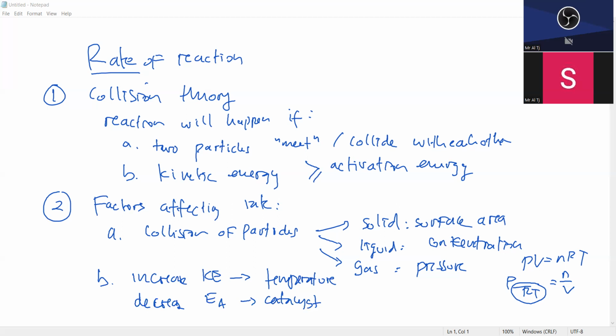Hence, it's going to be higher. So we have them here. Factors affecting rate, there are 5 in total. 3 of them are going to increase collision, and 2 of them are going to change the ratio between kinetic energy and activation energy. That will be it for the first part. Okay. Thank you very much.